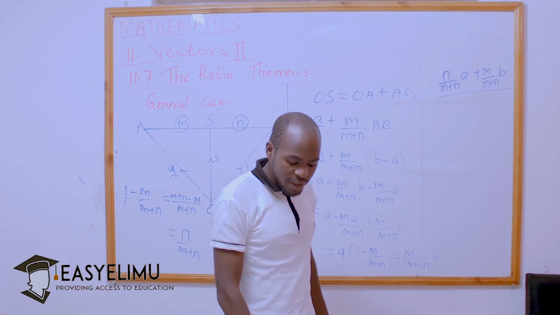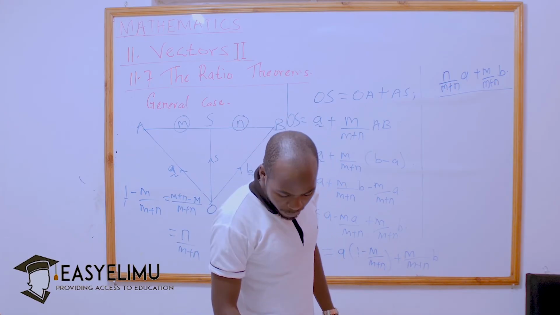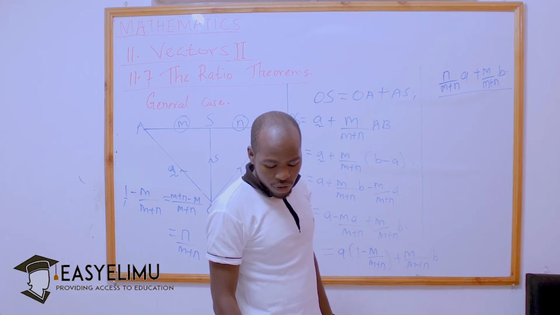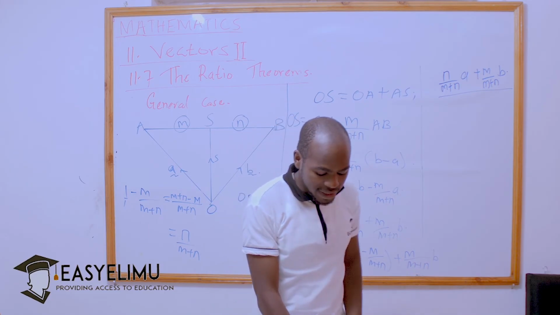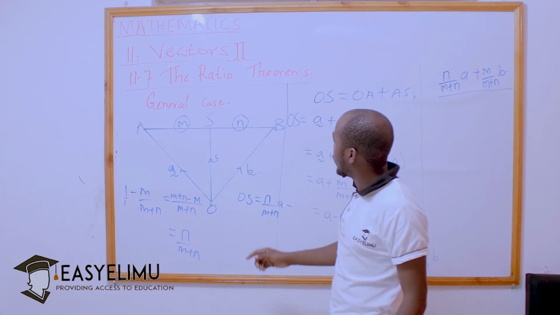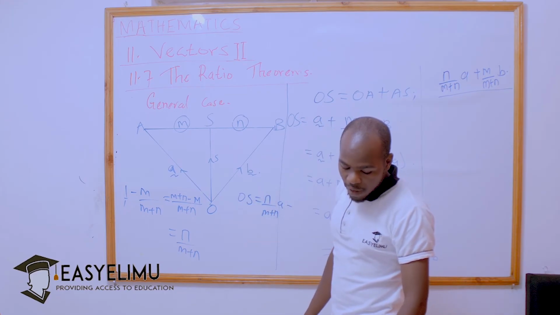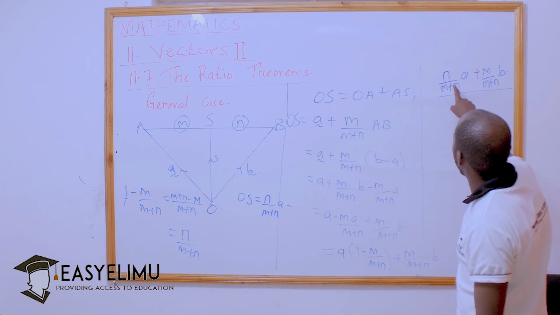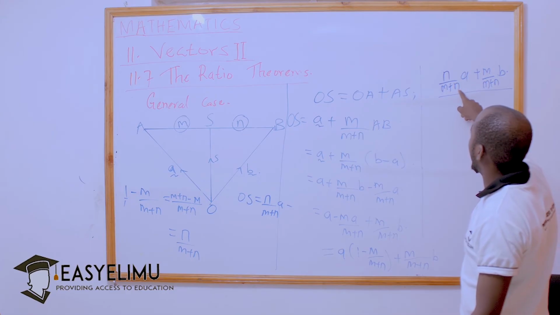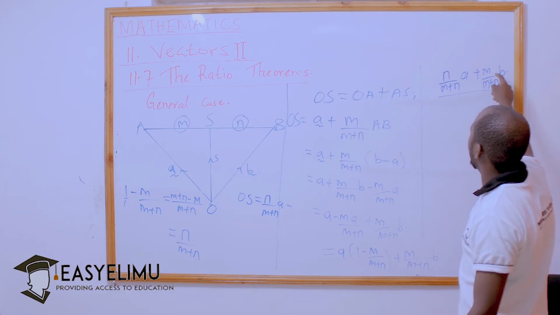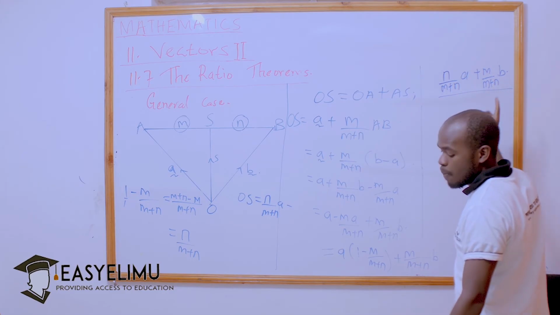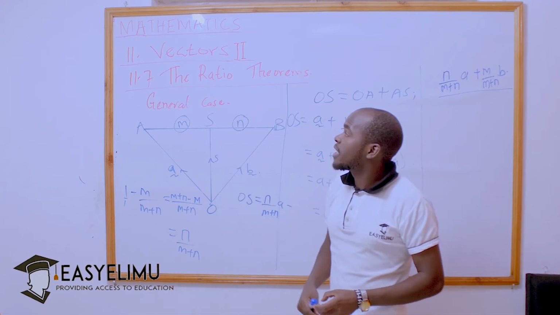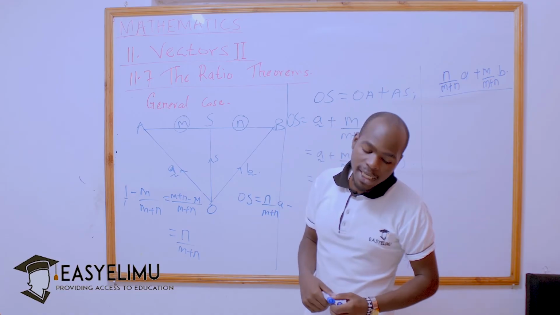So the theorem states that the positional vector S of a point which divides a line AB in the ratio m to n can be given by the formula which we have. S or OS can be given by n over m plus n A plus m over m plus n B. That is what the ratio theorem states.